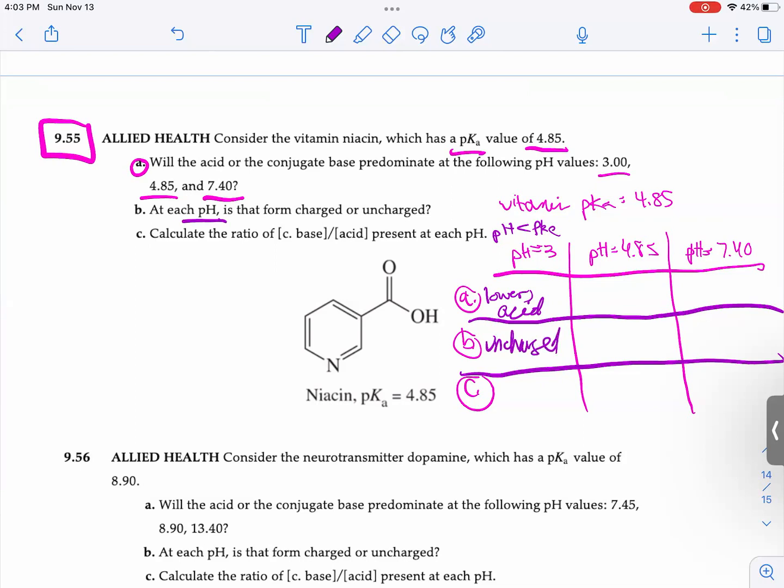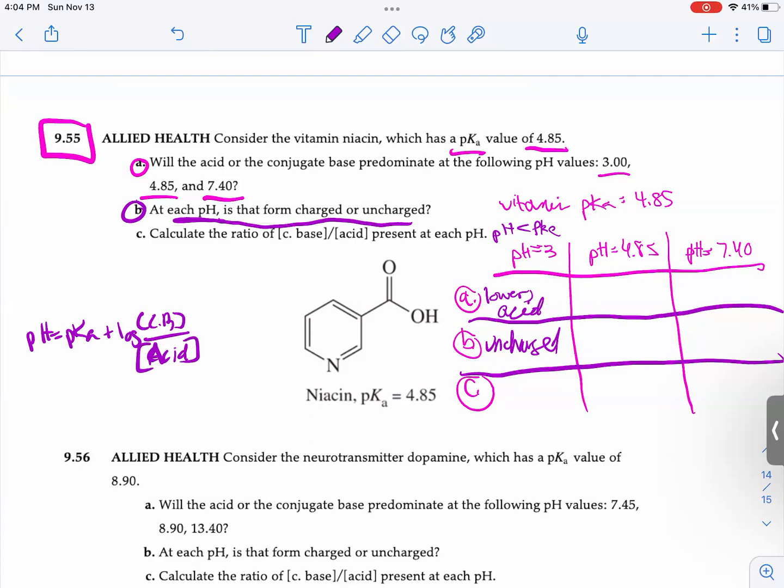So at this pH, is that form charged or uncharged? This is going to be uncharged, okay, in B. So in C, calculate the ratio of conjugate base to acid present at each pH. So what you have to do is remember that Henderson-Hasselbalch equation. So you have pH equals the pKa plus the log of your conjugate base over your acid.